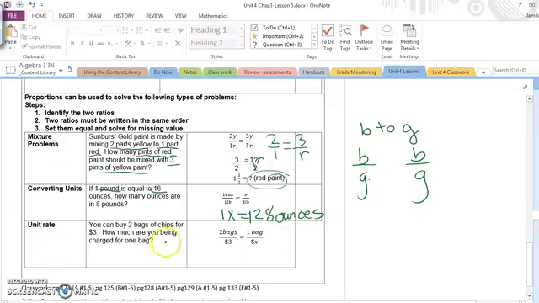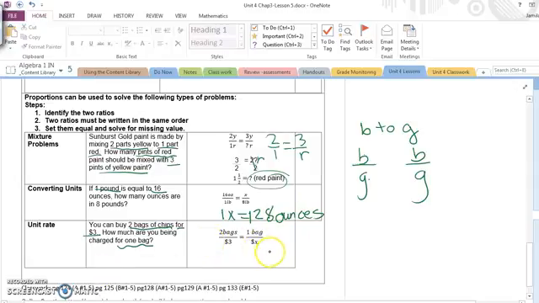Now, unit rate. I would like for you to try and solve this one, but this is another application base that the next unit will use as well. It says you can buy 2 bags of chips for $3. You should know that's your first ratio. How much are you being charged for 1 bag? How much are you being charged means that the money is missing. You don't know how much money 1 bag is.